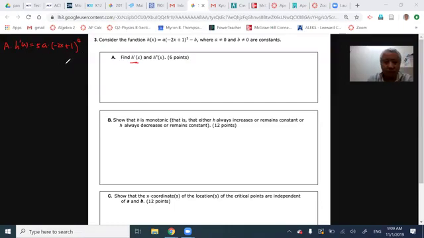So we did the derivative of the h function, right? And then we can do the second derivative. Oh, wait a minute.